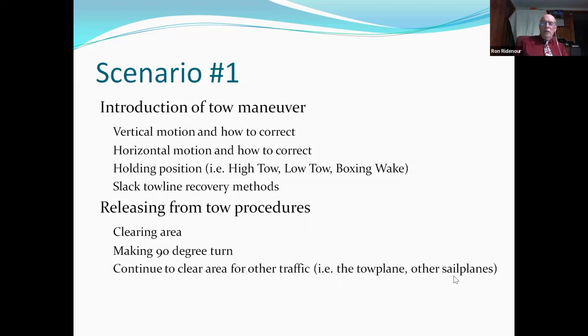You know, let's say that you're off to the left side of the tow plane, but you're moving to the left. Well, the correction would be to bank the wings back level again, right?